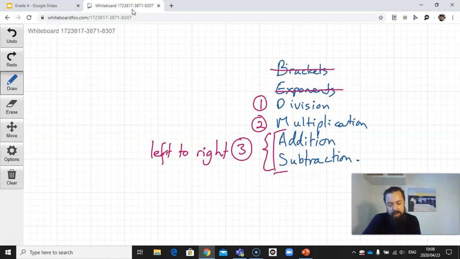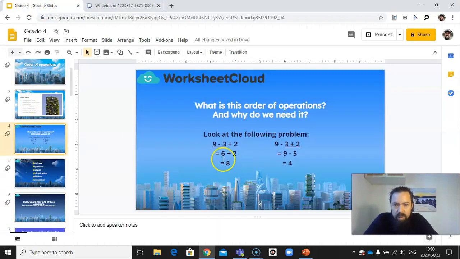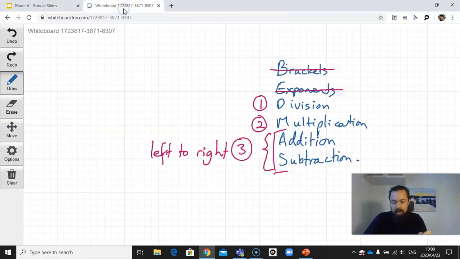So back on the question we had when we were doing it in our sheet, you will see, over here, when we had 9 minus 3 plus 2, we started with whatever was on the left because we only had plus and minus, addition and subtraction.